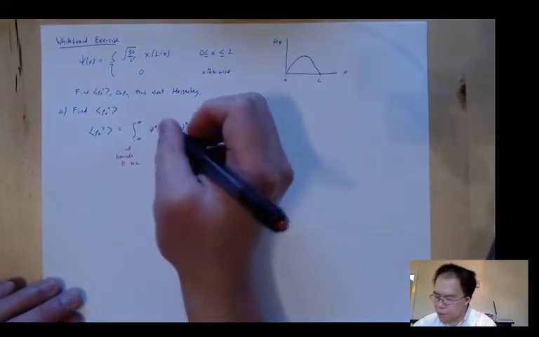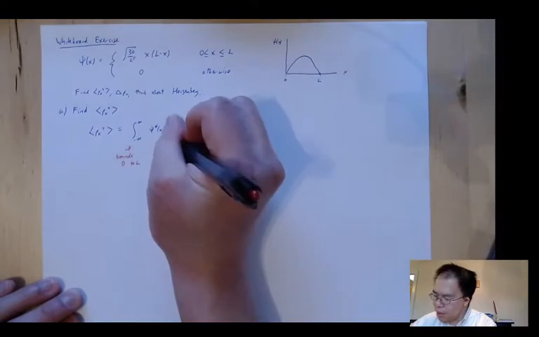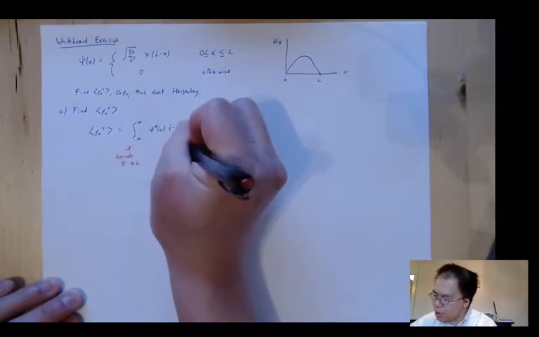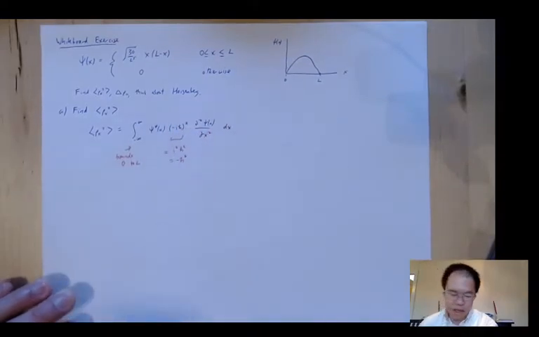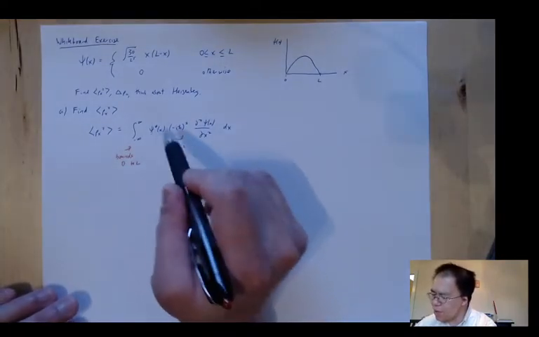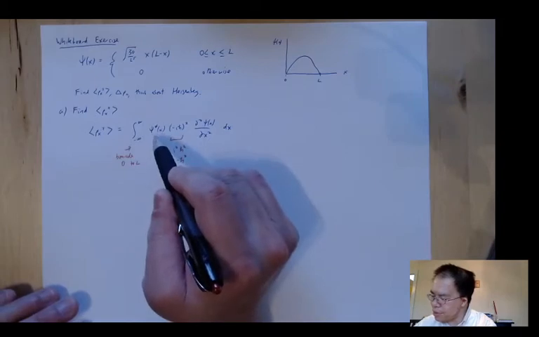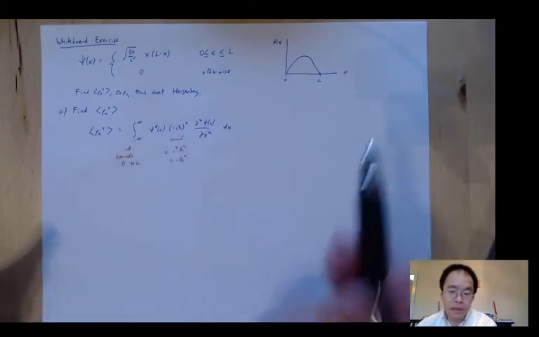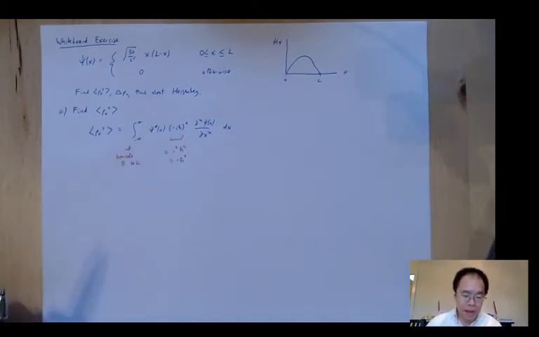This turns into i squared h bar squared, or minus h bar squared. And also, since this wave function is purely real, psi star is equal naturally to psi.